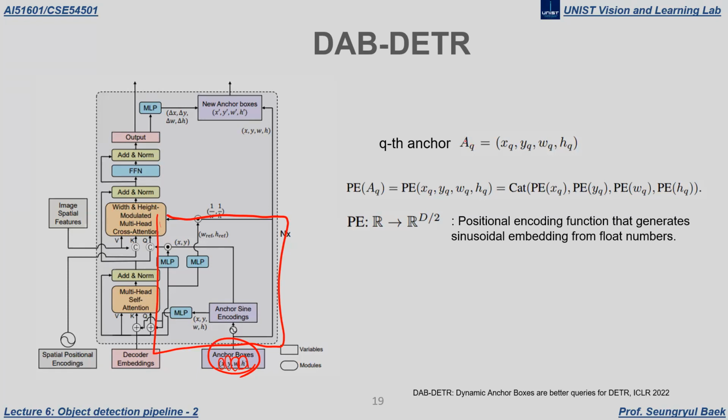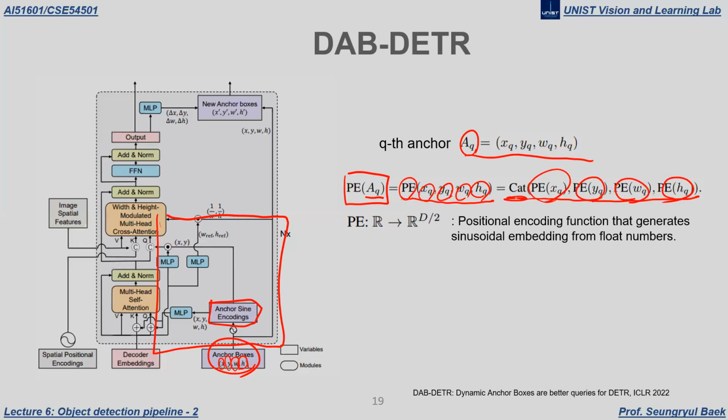For each query's anchor, it applies the positional encoding. Applying positional encoding for individual elements is the same as applying it to each element and concatenating them.